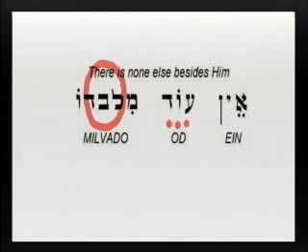So, Ernest, can you tell us what vav, which is O with holam, means? Beside him. Milvado. We can see once again, as we studied, that vav is the connection letter, and this connection can come in different combinations.